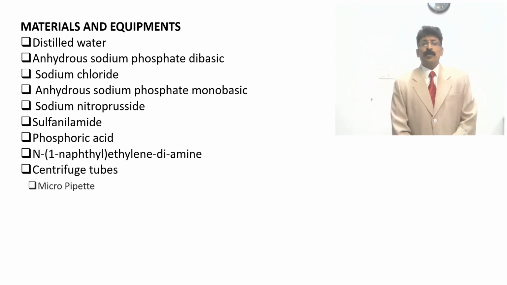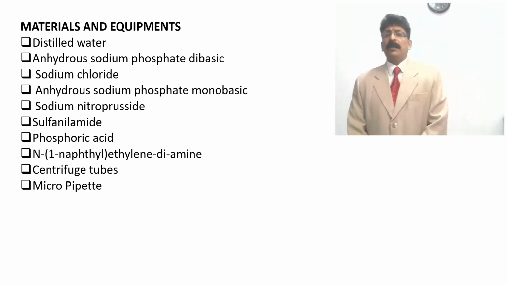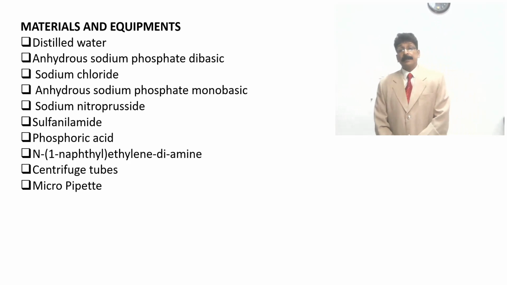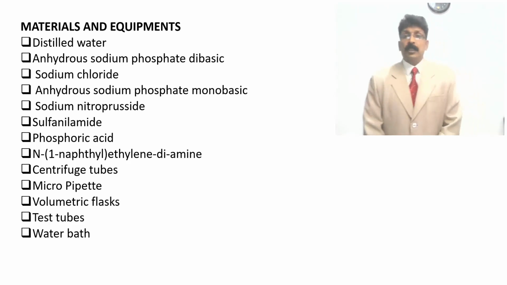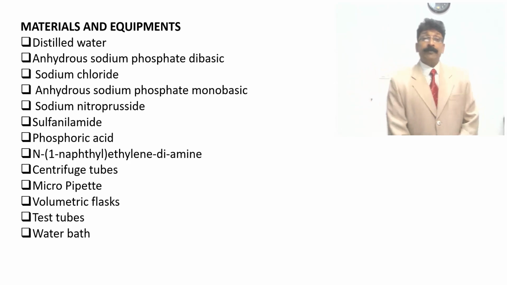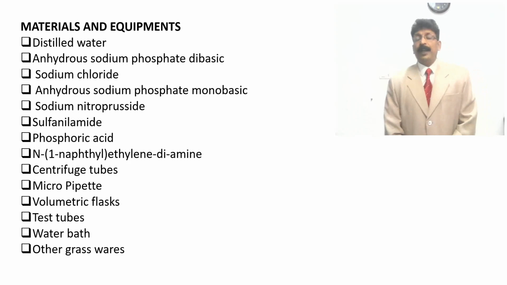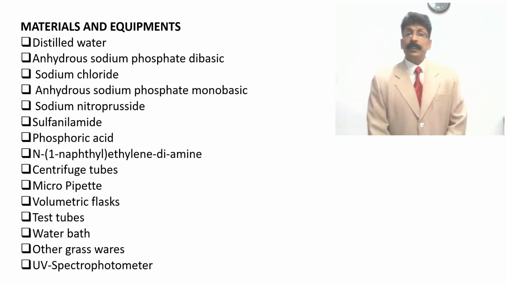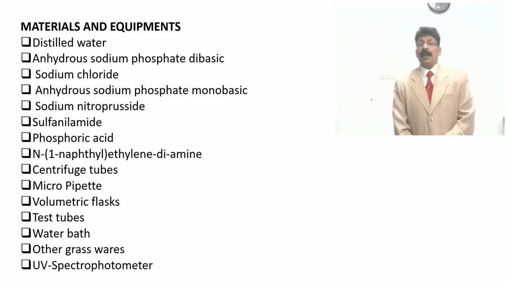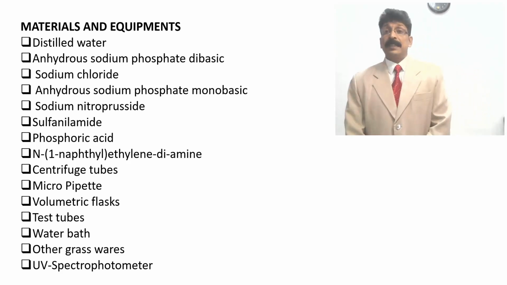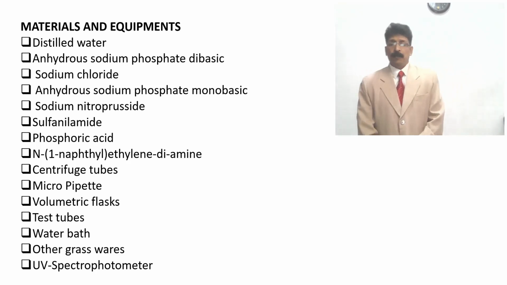Centrifuge tubes are also needed sometimes for centrifugation, but here we are not using them much. Micropipettes, bulb pipettes, volumetric flasks, properly marked and cleaned test tubes, a water bath, other glassware needed in the laboratory, and a UV spectrophotometer to find the absorbance of the standard, the test, and the control.